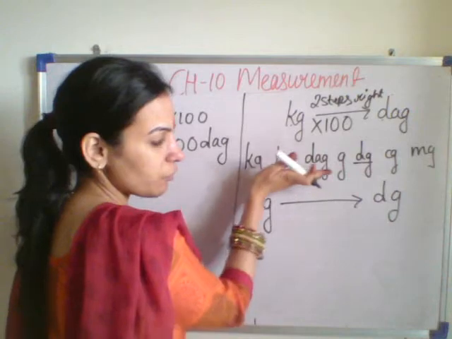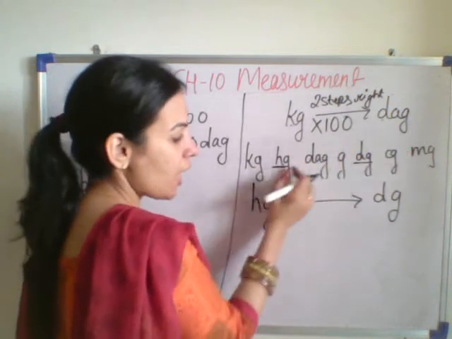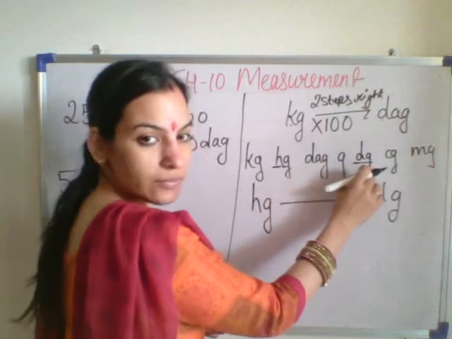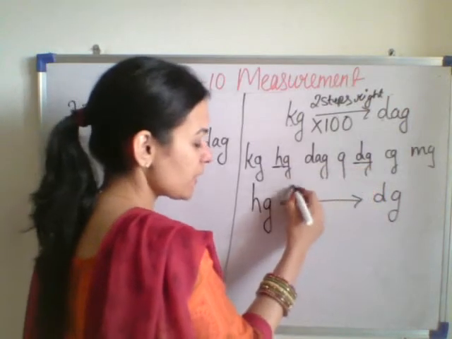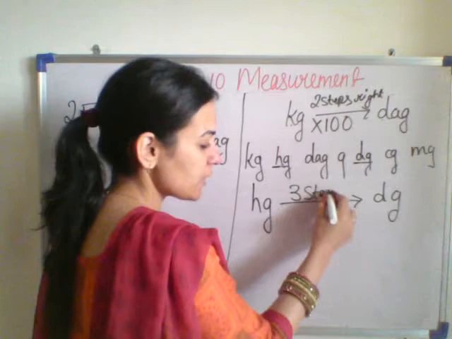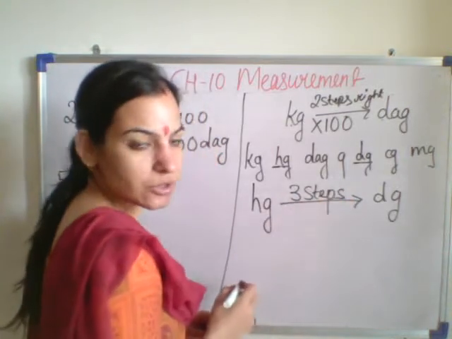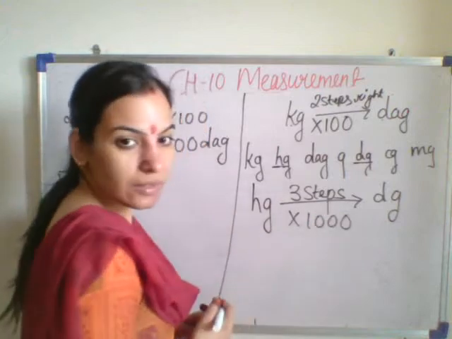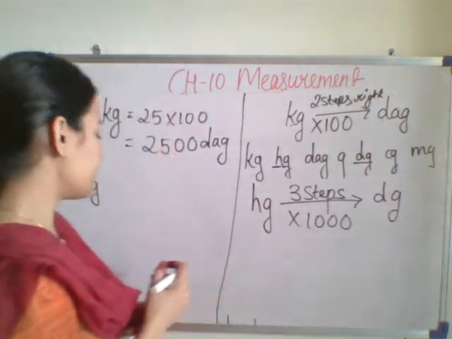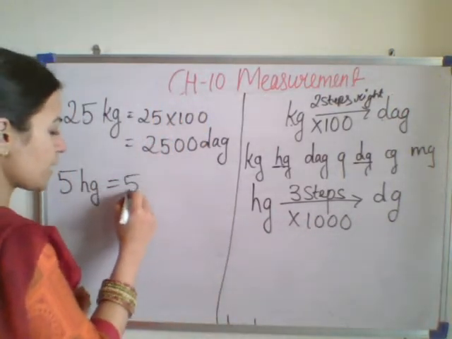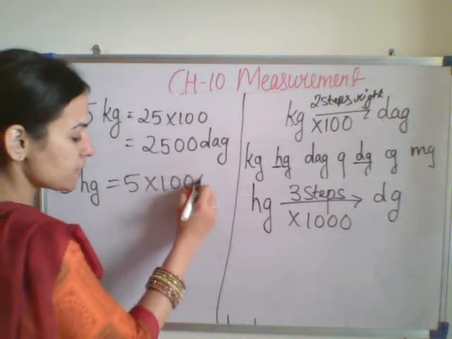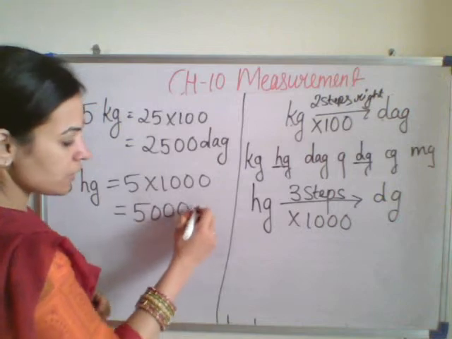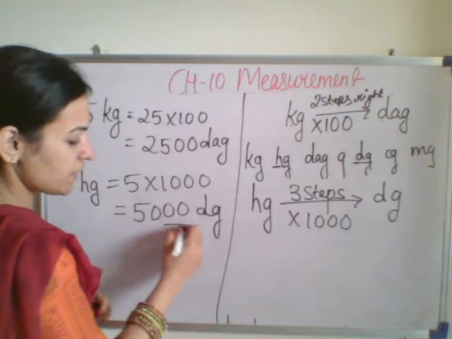So again I am moving towards the right hand side. How many steps am I moving? 1, 2 and 3 steps. 3 steps towards the right. So I have to multiply with 1000. 3 zeros will come. So 5 multiplied by 1000 is 5000 dg, decigram.